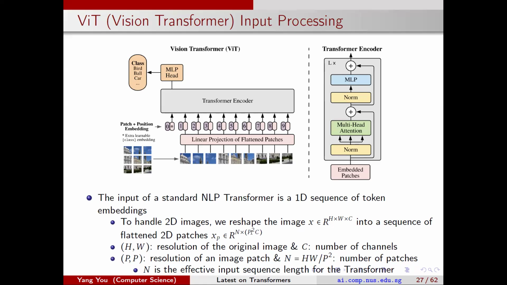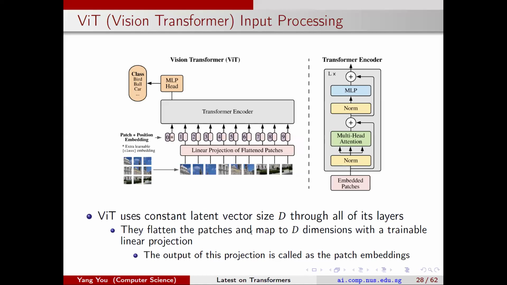But we have the relationship between them, and we put everything into the transformer. We also do embedding here, converting the patches into vectors, the same idea as word embedding.